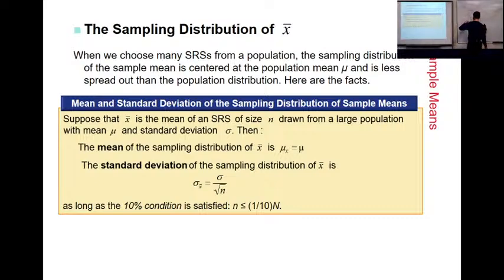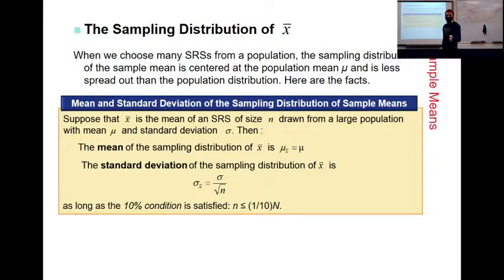This time, very creative. All right, this time we're talking about means. And the mean of x bar, you'll never guess, it should match the mean of the population.